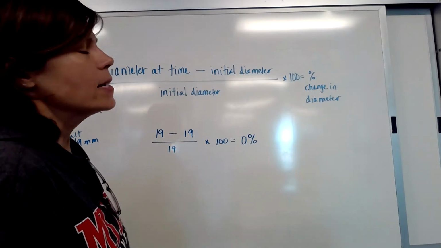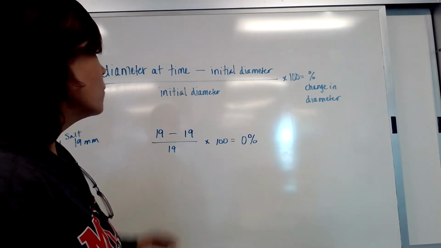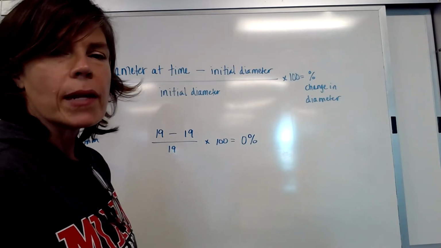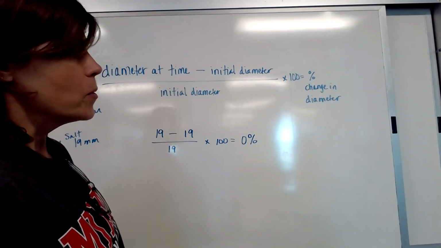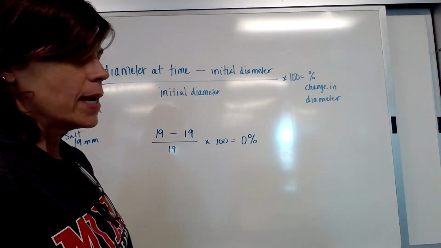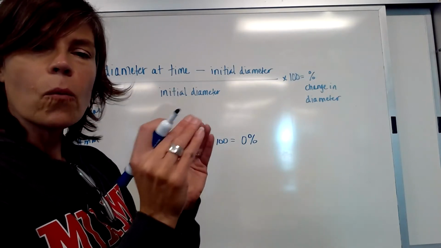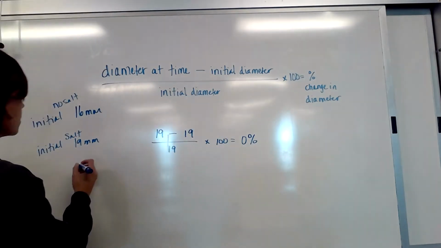But then, as the experiment went on, I know that for my apple cube that had been sitting in the salt, at a particular time, the diameter of the water ring was actually 24 millimeters.